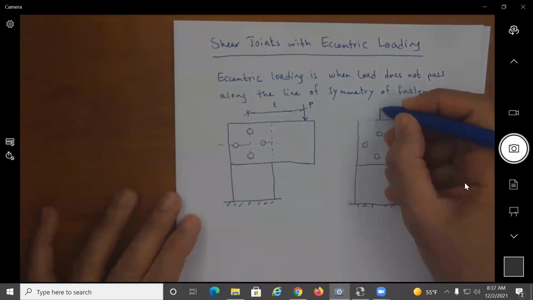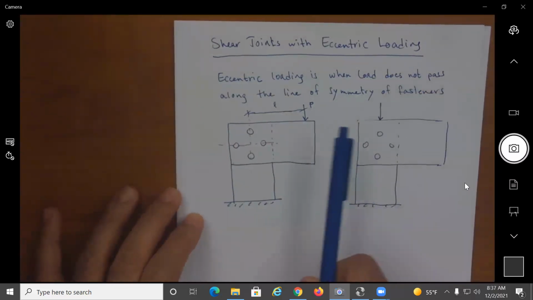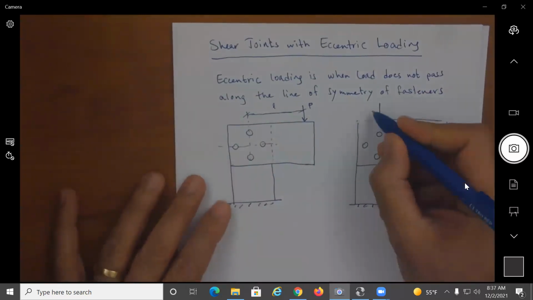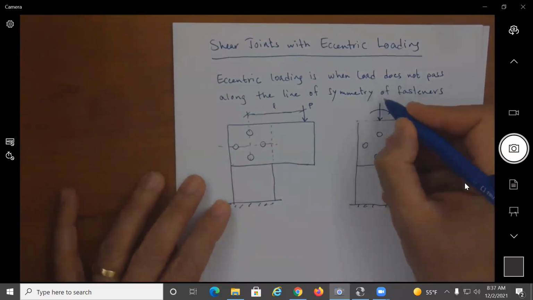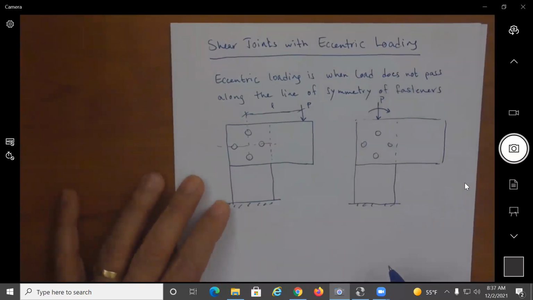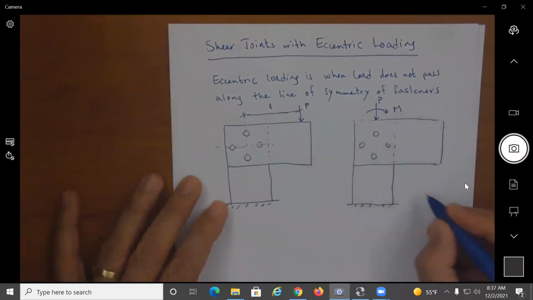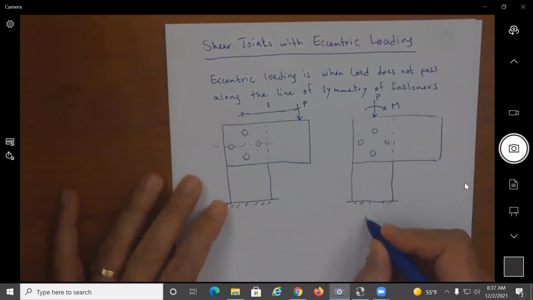So I can move the force P here, and as I move a force to keep it equivalent, that would require adding a moment. So I can still get this P, but then add an M. And of course, this moment M is going to be equal to P times L.